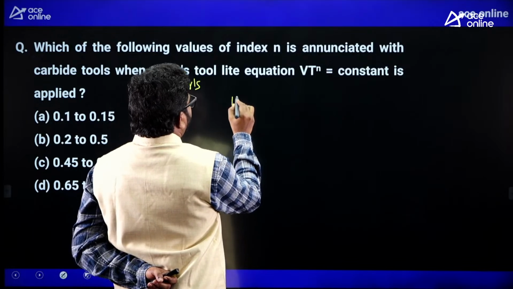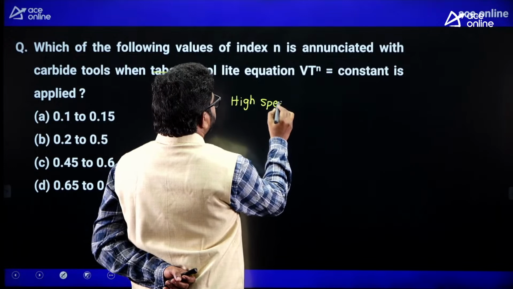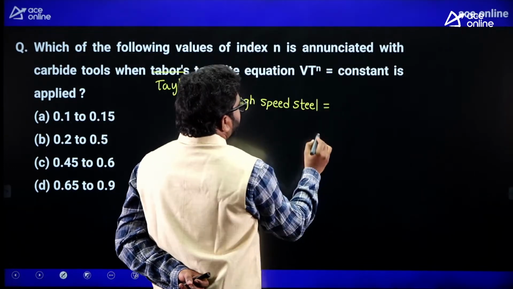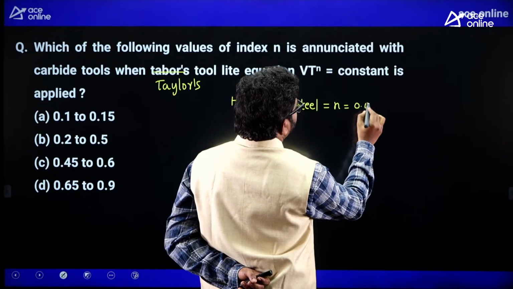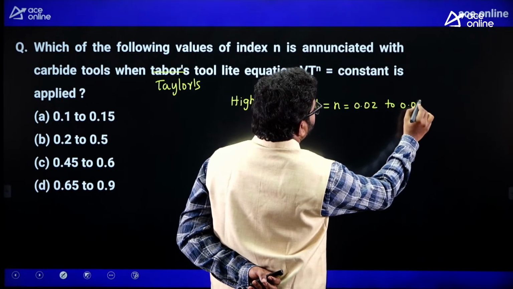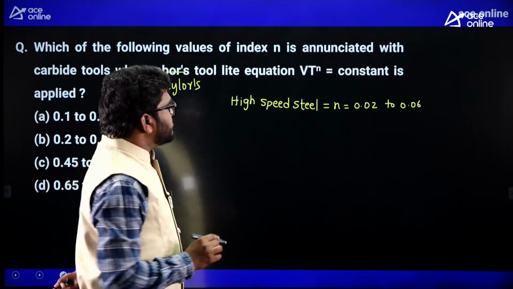For high speed steels, HSS steels, the n value is very small, varying from 0.02 to like 0.06 or like 0.08 like that. It's a very small value.